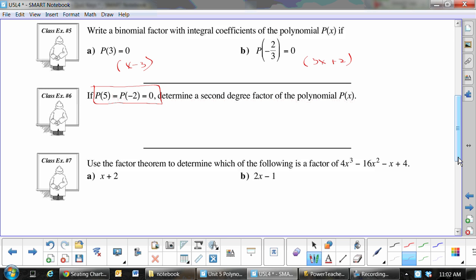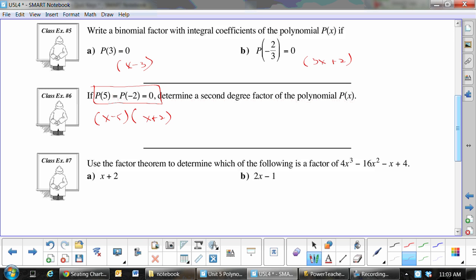If p of 5 equals 0 and p of negative 2 equals 0, what's a different way to write p of 5? That's x minus 5, right? What about p of negative 2? x plus 2.